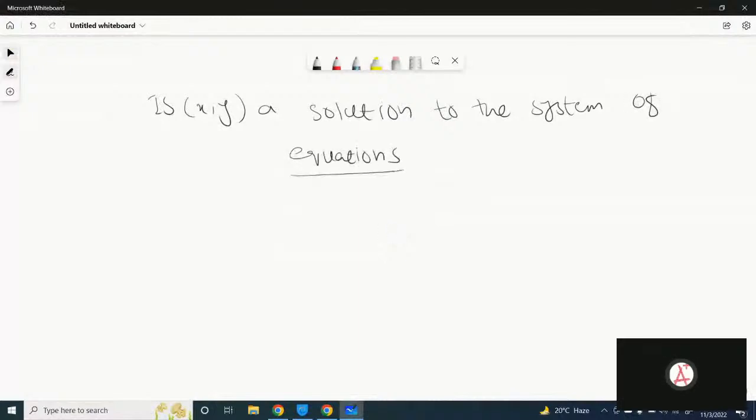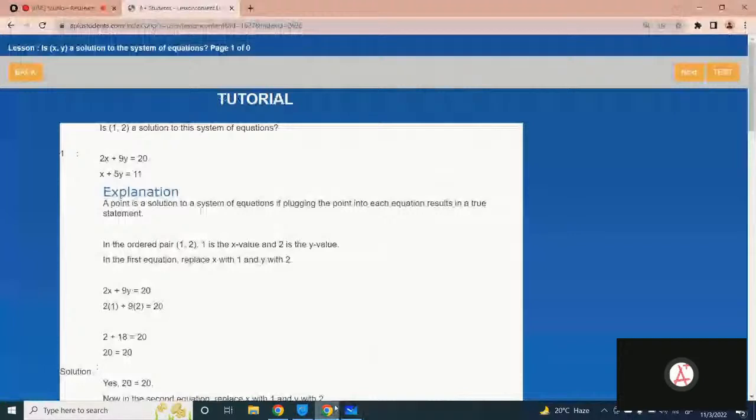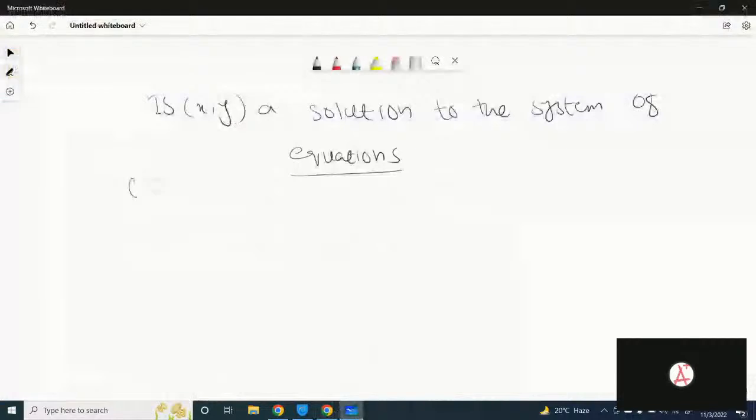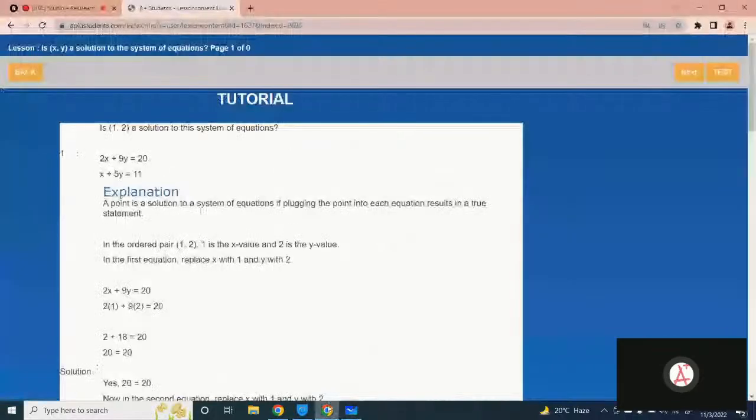Let's start with the first example. The first example asks: is (1, 2) a solution of the equations? So (1, 2) is the point you have to check with, and the equations are 2x plus 9y equals 20.